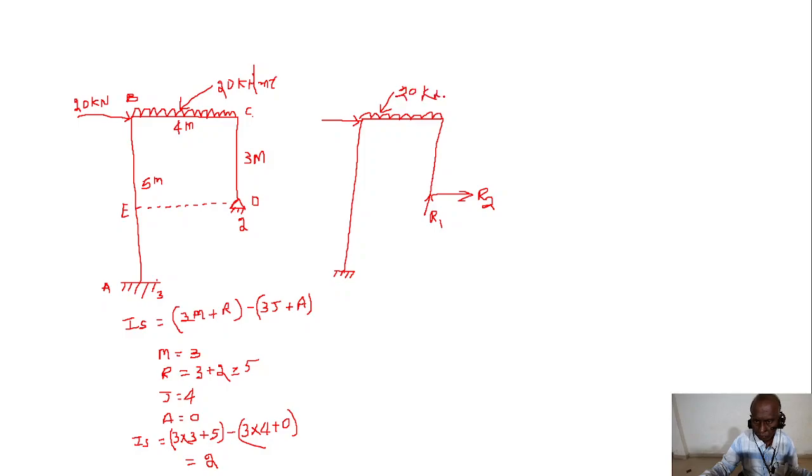The loads are 20 kilonewton per meter and 20 kilonewtons, with points A, B, C, D. Let us assume the horizontal and vertical reactions at support D as the redundants.